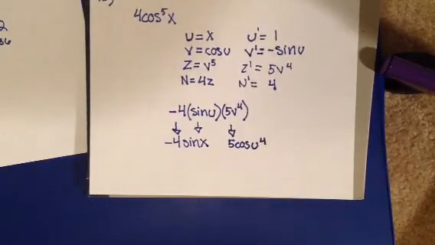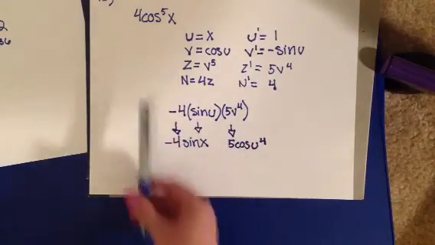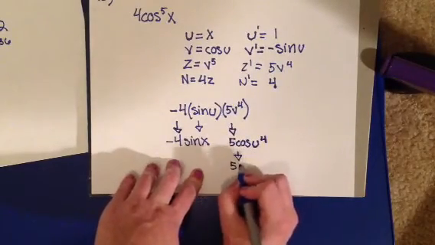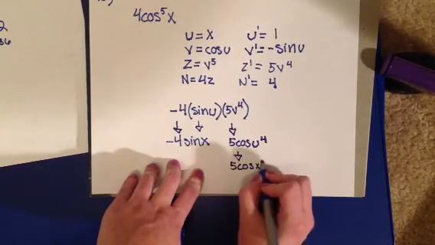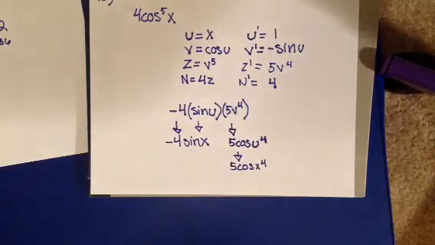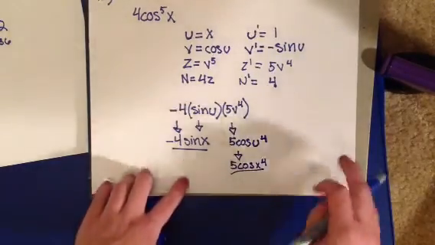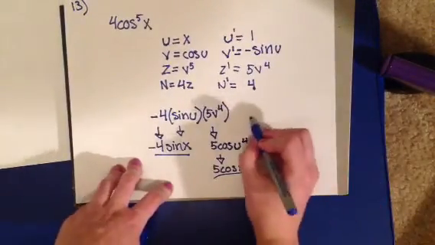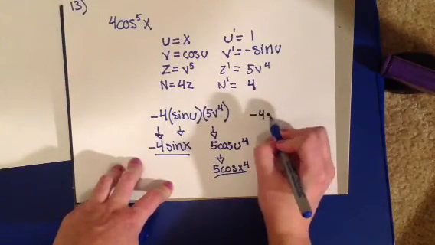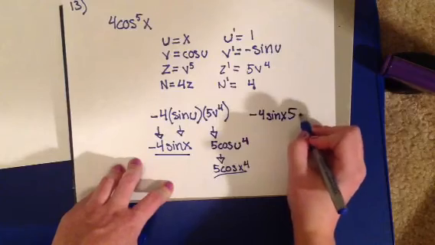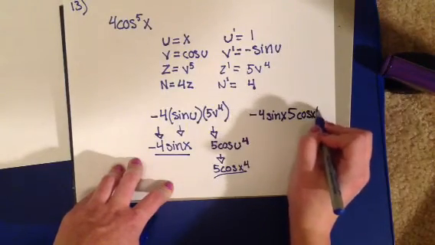Alright, we're still not in terms of x yet. Oh, sorry, I moved the paper. So we gotta keep going. But since we have this u, easy. Times 5 cosine of x to the fourth. Now, this and this is our answer, so I'll just rewrite it over here for you. The answer would be negative 4 times the sine of x times 5 cosine x to the fourth.